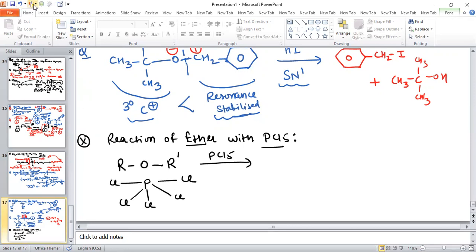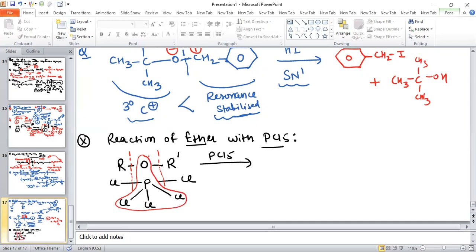And we are doing the cleavage of ether. So this R will come with this Cl, and this R dash will also come with this Cl, and this oxygen will come with PCl3.